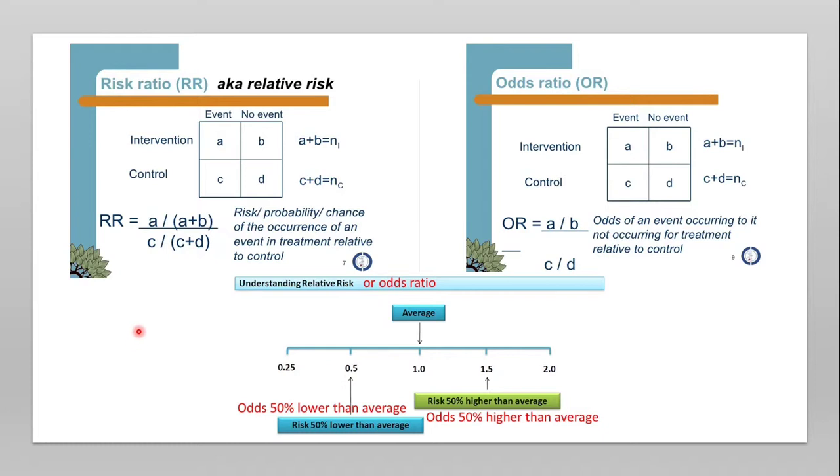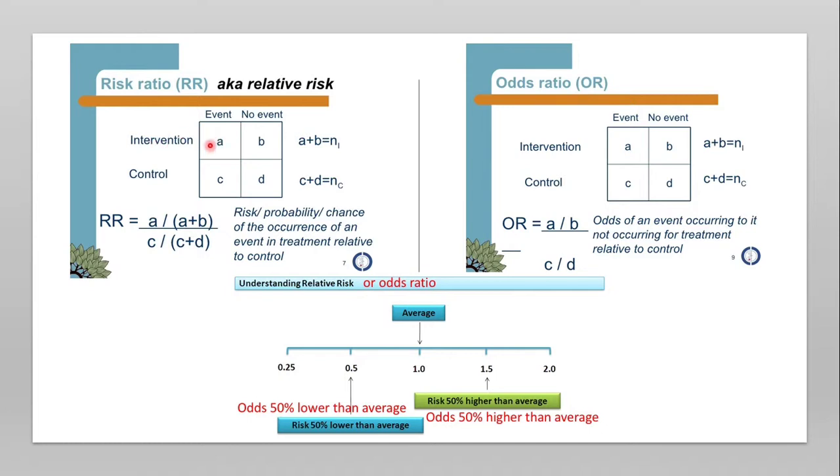Here's another way. Usually these come from 2x2 tables. So you have a risk ratio, also referred to as the relative risk of an event occurring, and you can see the calculation here. Basically, if this is a randomized trial, this is the rate in the intervention group, and this is the rate in the control group.